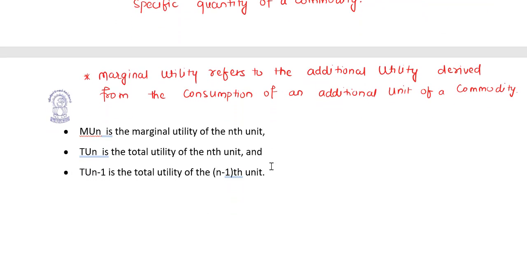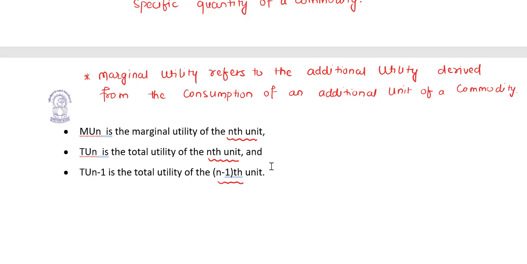Students, over here, MUn means marginal utility at nth unit, TUn means total utility at nth unit, and TUn minus 1 is total utility at n minus 1th unit.